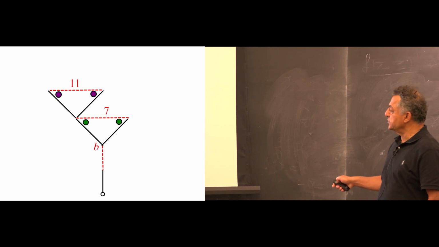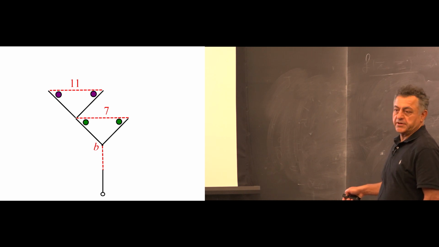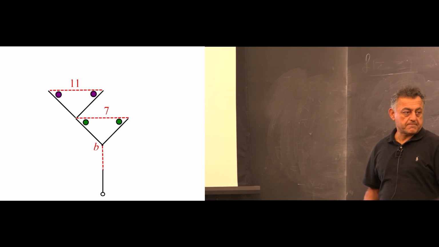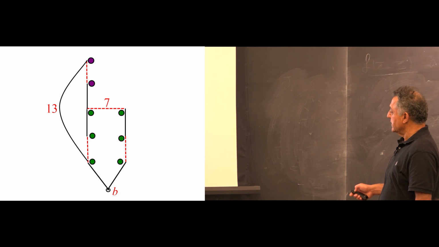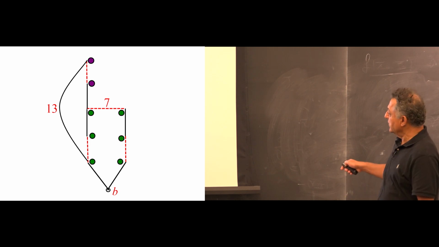Because S is these two purple guys, and then you add the blossom which sits on the base. And this is the blossom of tenacity green, and the blossom of tenacity purple on this base is purple and green. And notice that this is a bridge.